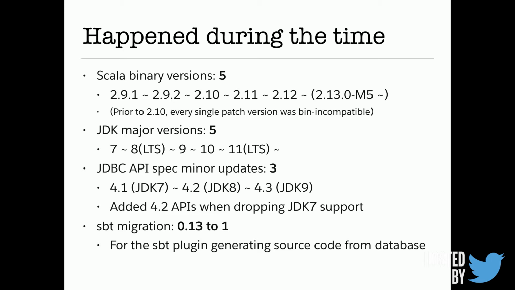And also we have had 5 JDK versions, started with 7, and currently the latest one is 11, and 12 will come soon. And this is not a major version, but we had 3 JDK API upgrades. And we dropped JDK 7 support maybe 2 years ago. At that time, we added new APIs that were introduced into JDBC 4.2, or JDK 8.